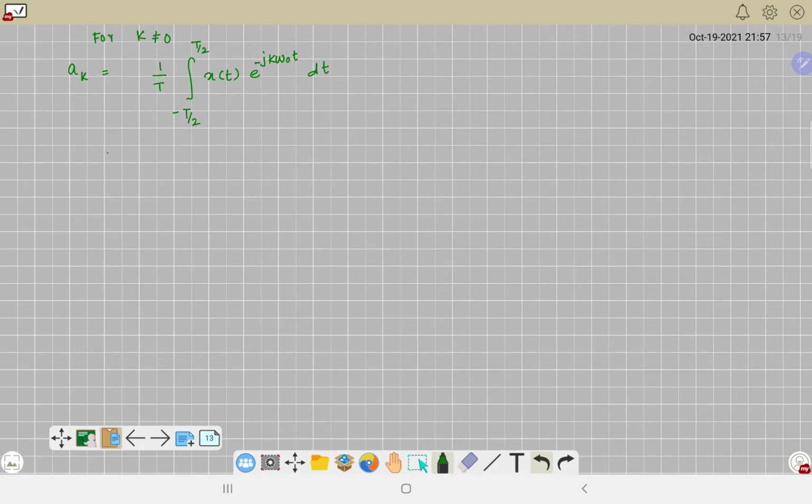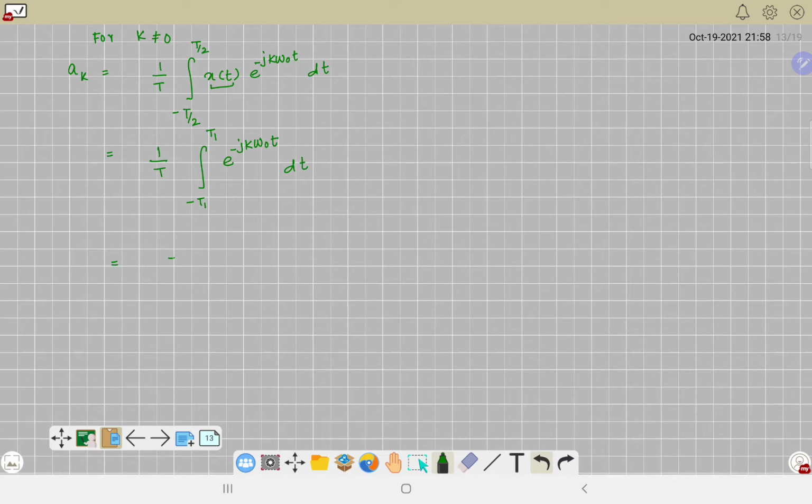But again I will change these limits because it has a value of 1 from minus T1 to T1, so in this case the integral will be this. It's a simple exponential, you can easily evaluate it.